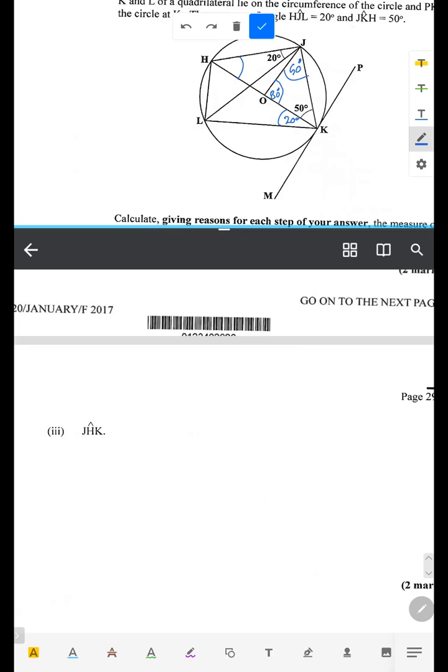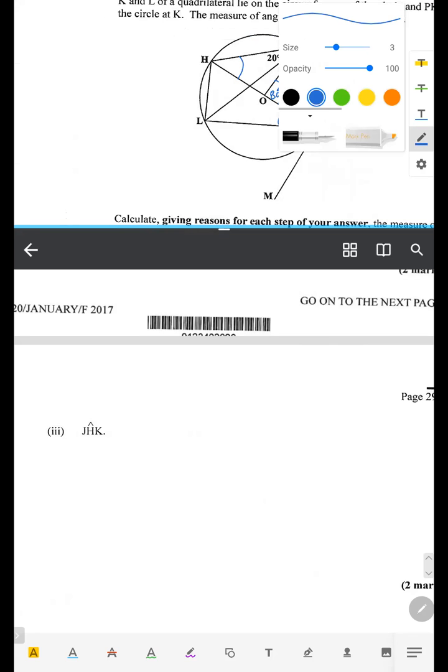I'll use a different color to show you. The angle is actually 40 degrees. Let me show you why it is 40 degrees. There are multiple ways we can show why it is 40 degrees.